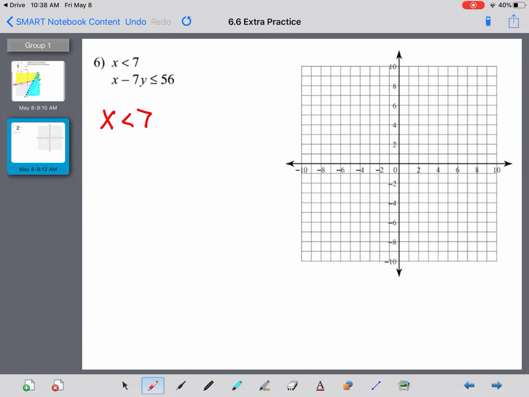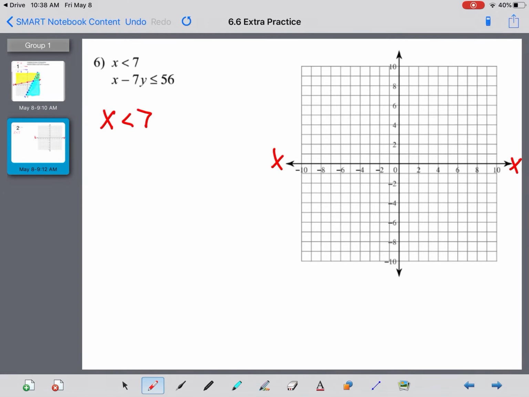X is less than 7. Now, on the worksheet or the work packet yesterday, we saw y is less than 2, y is greater than negative 3, with no x value. This time, I see an x value with no y value. That means instead of our line running horizontally, it's going to run vertically, or up and down.